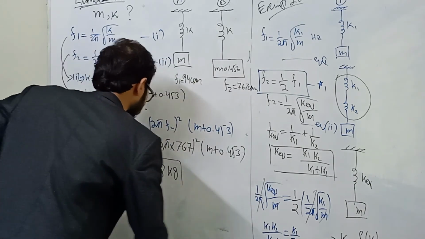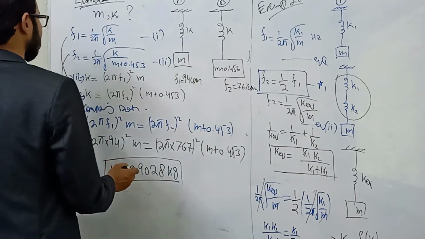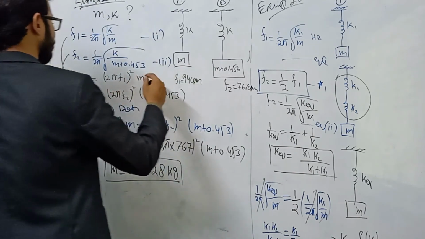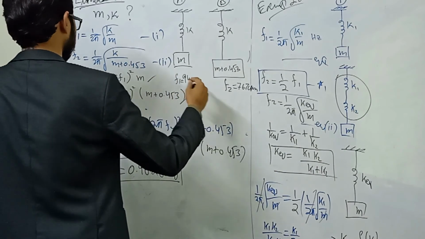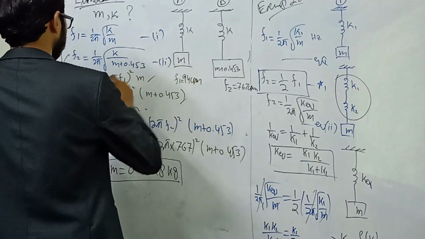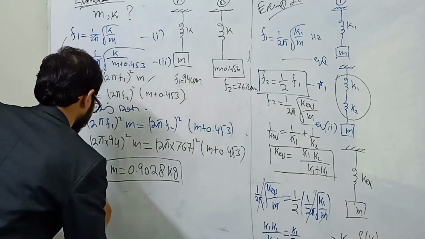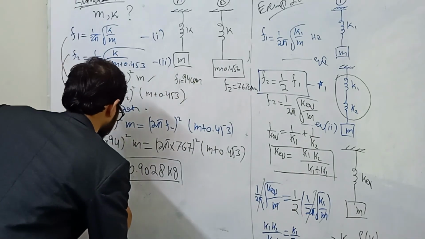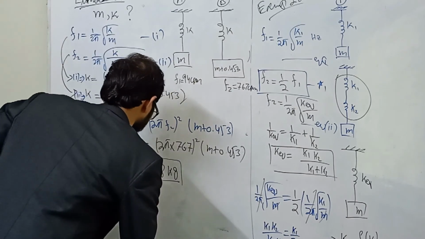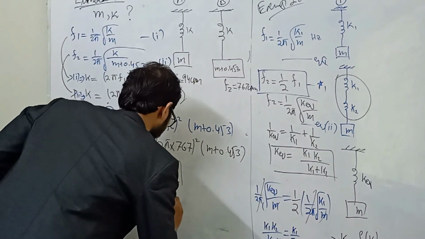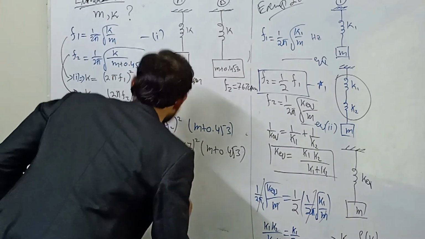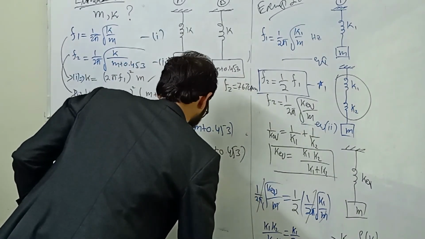So we have calculated the value of mass and can put it in any of the above equations. You can put it here, or you can put it anywhere. We can find the value of k. For example, k is equal to 2 pi f1 square into m.